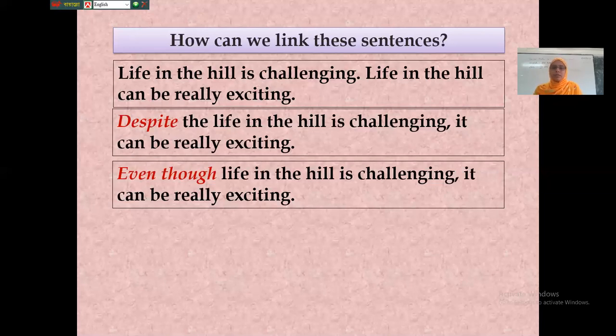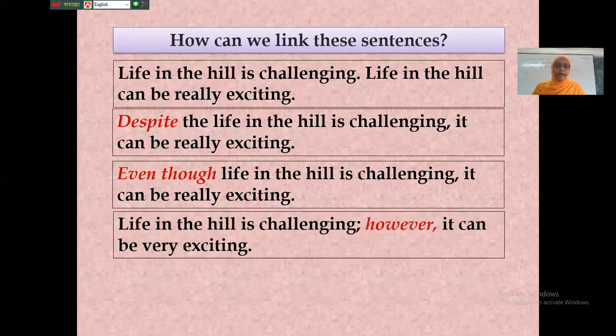So, dear students, can you understand about linkers? We answer by different connectors, not only one connector, but different words to link the sentences.